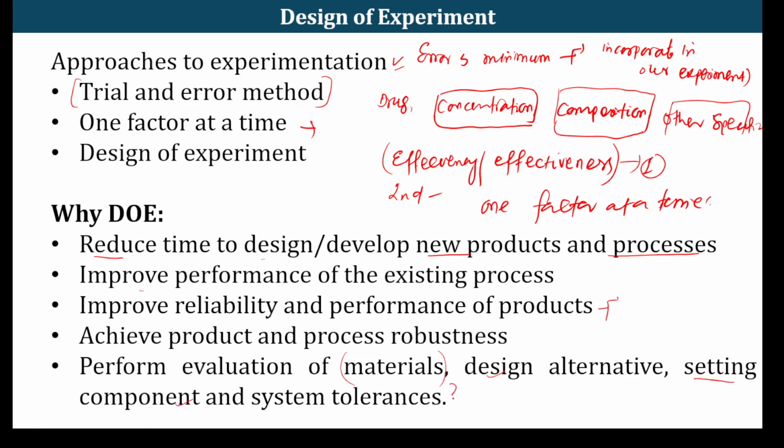Then we can define the tolerance, like how much error this particular experimental design can bear. So before starting the experiment, we will have a thorough idea of the parameters, the efficiency, the product performance and reliability.